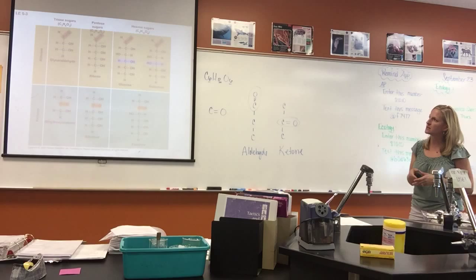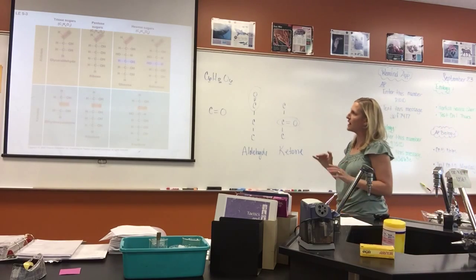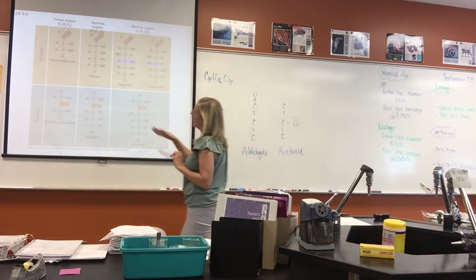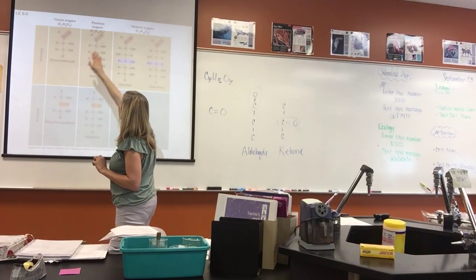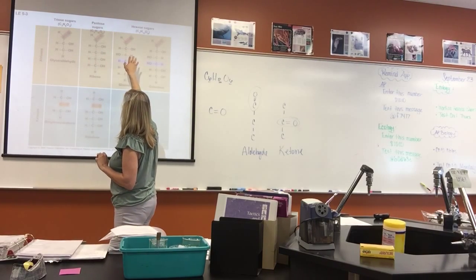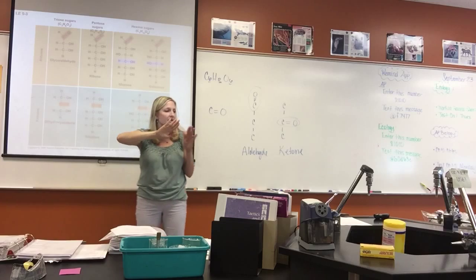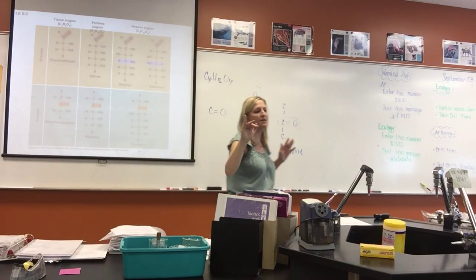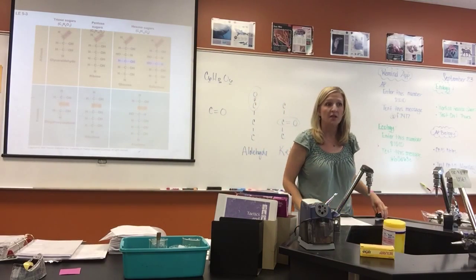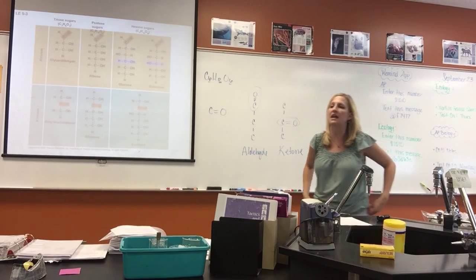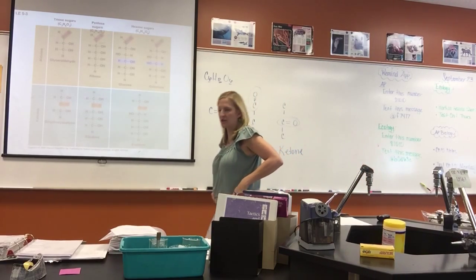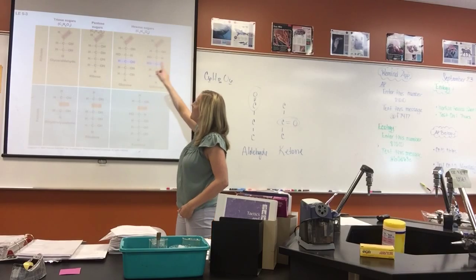So let's look at the next picture here. Let's look at, first of all, the columns. So tri, pent, and hex. And then after that is the ose. Anytime you see ose at the end of something, it's referring to a sugar. So when you look at the name of something and it ends in OSE, it's a sugar molecule. Tri, pent, and hex.